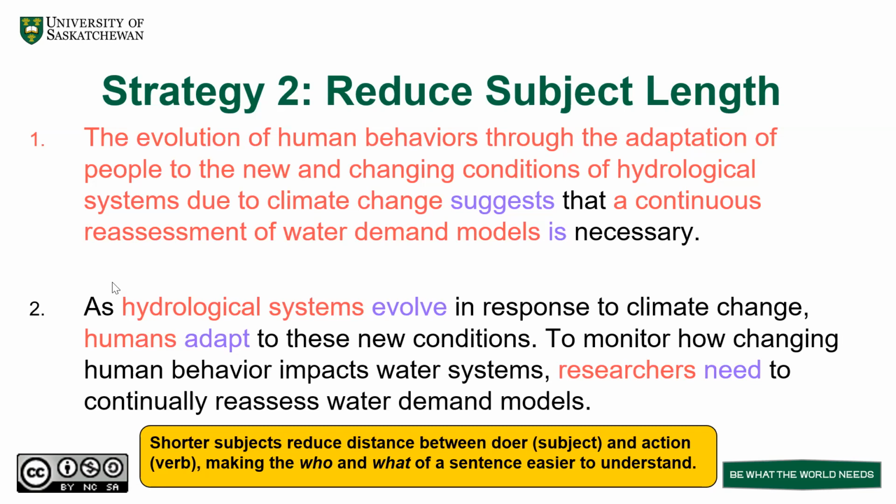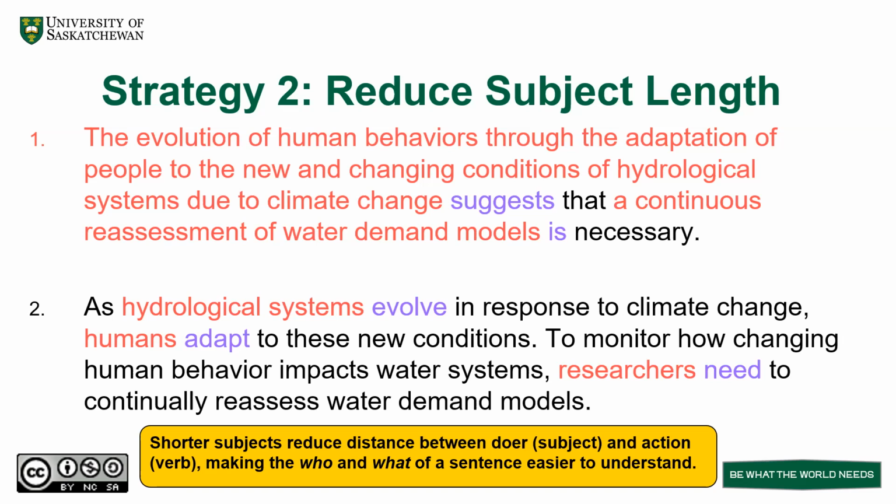So I've highlighted in this coral color, trying to capture the subject length in both examples, and how that relates to the central verb. In that first example, we have this really long subject length before we actually get to the part in the sentence where we see what's happening.